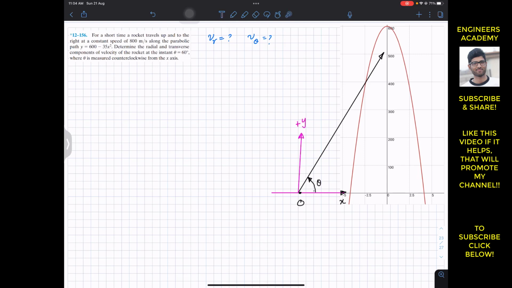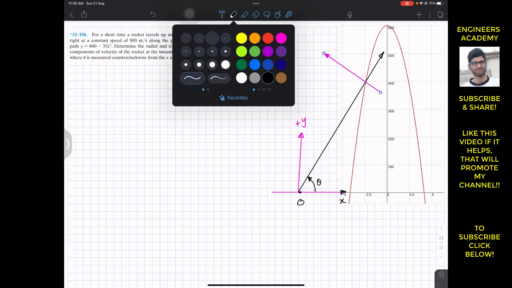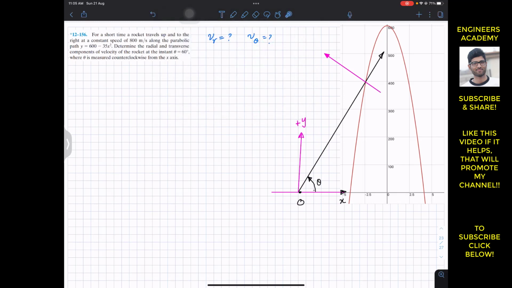If theta is increasing in the counterclockwise direction, the theta axis will be in this direction. So let's define that theta axis. It's going to be in this direction, and this must be perpendicular to the radial axis. So this is the radial axis. We have to write that this is plus r and this is plus theta axis.